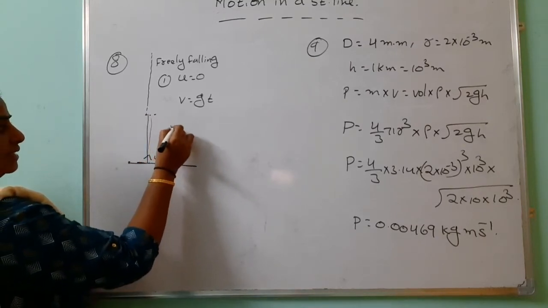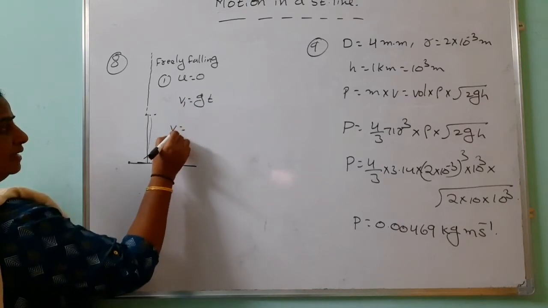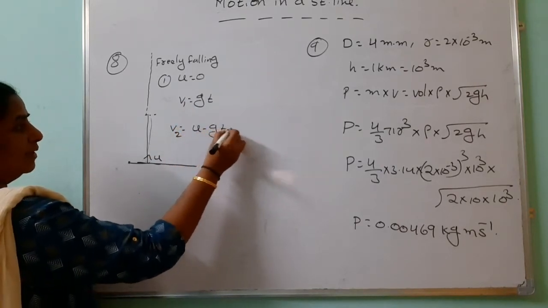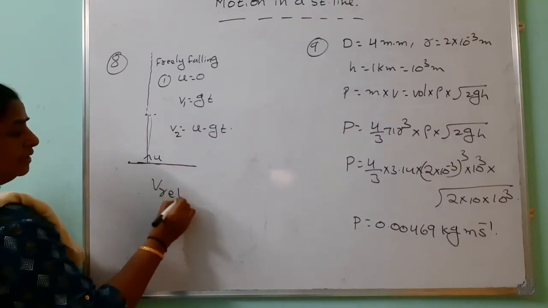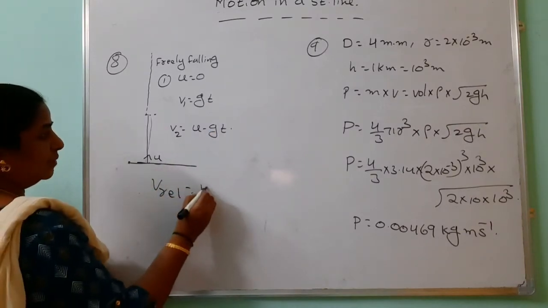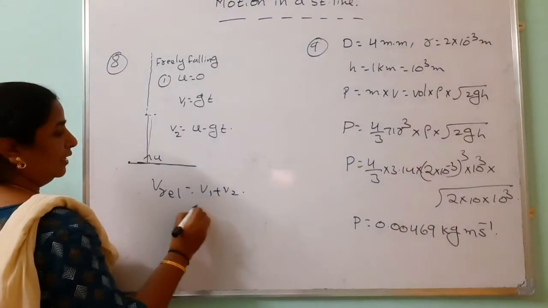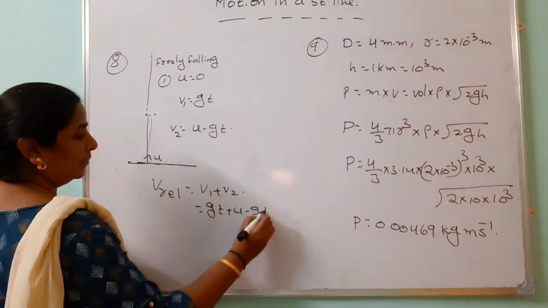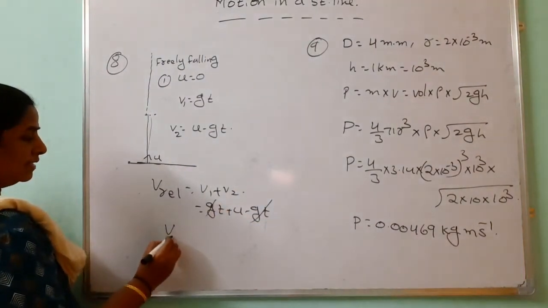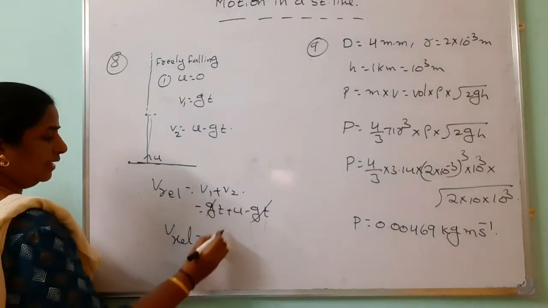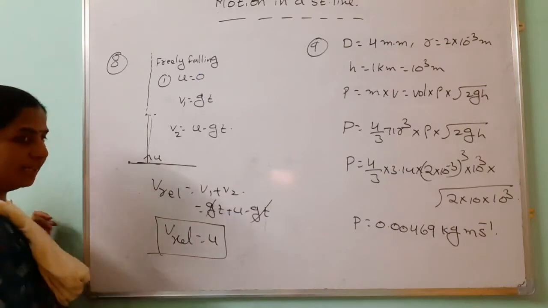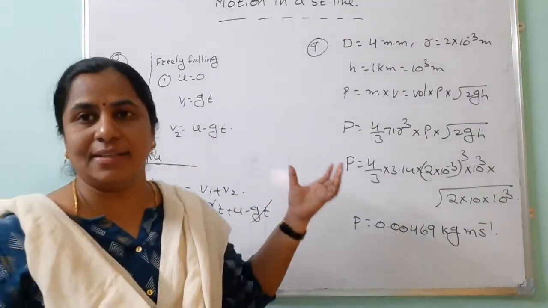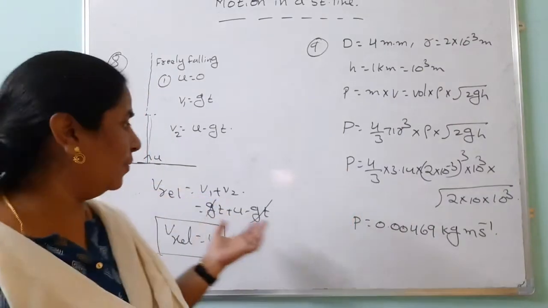After t seconds, this is v1 and this is v2. v2 equals u minus gt. To find the relative velocity, since both have opposite directions, we do v1 plus v2: gt plus u minus gt. See, the relative velocity in this case is only u. One is a freely falling body and the other is a vertically projected body. In that case, the relative velocity is u.